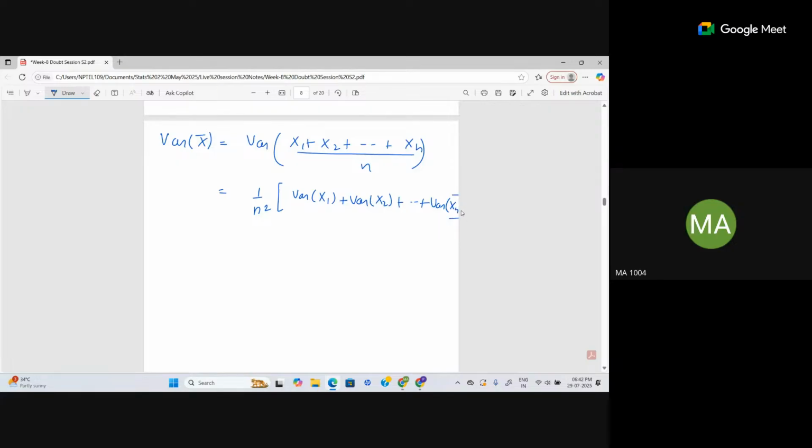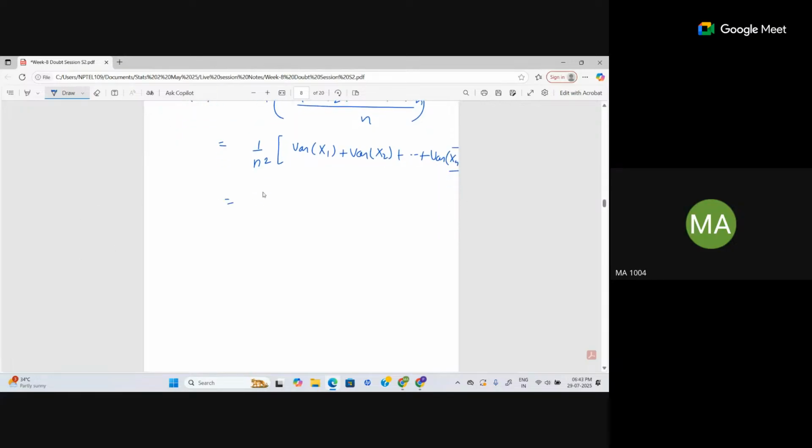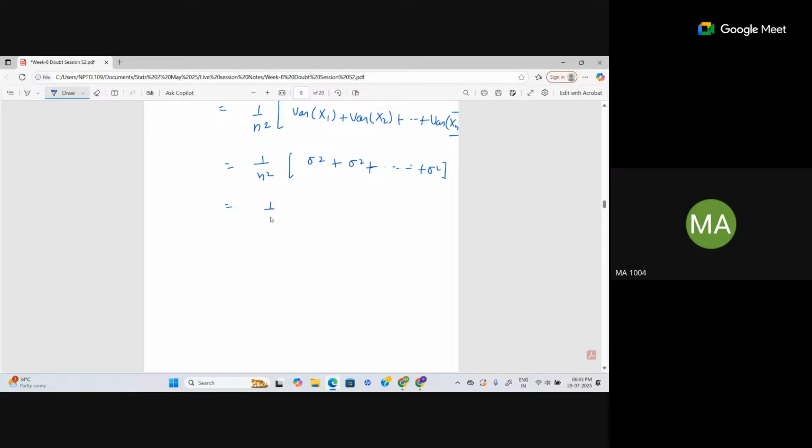So this is 1 upon n square, and then again we have to add sigma square n times, right? Now this will become n times sigma square. Now it will become sigma square by n, right? One n will be cancelled out.